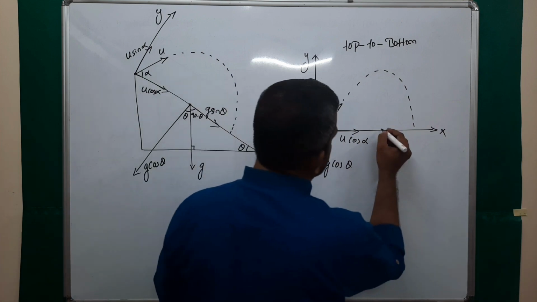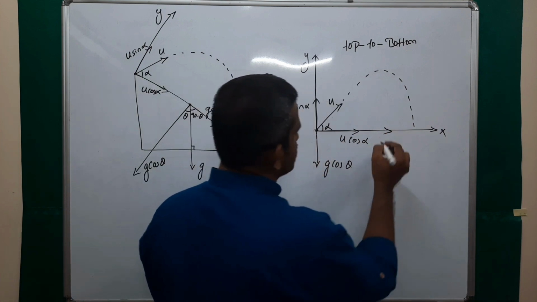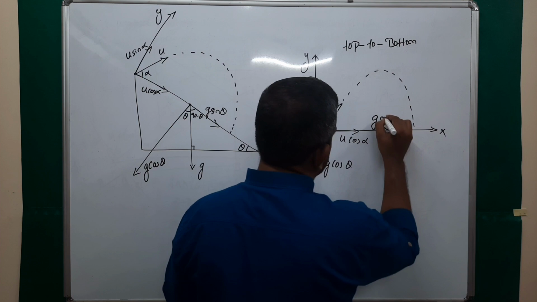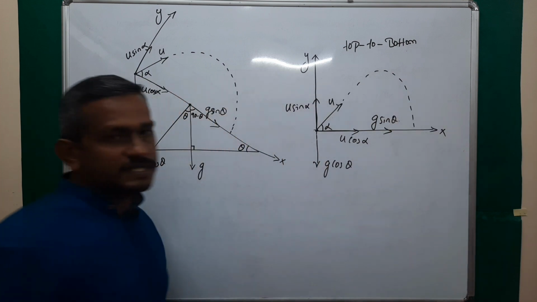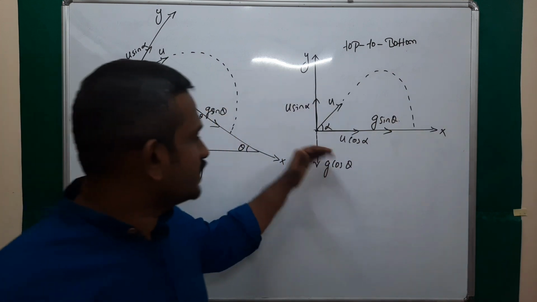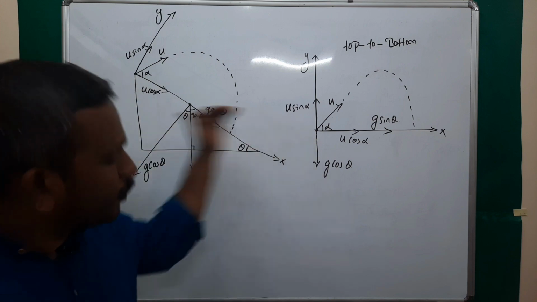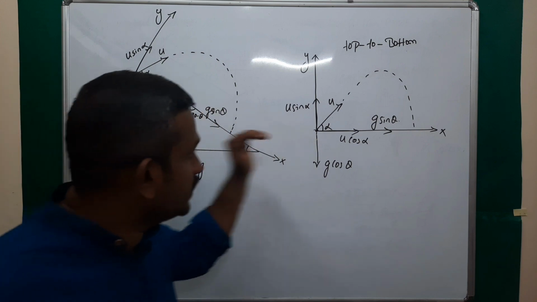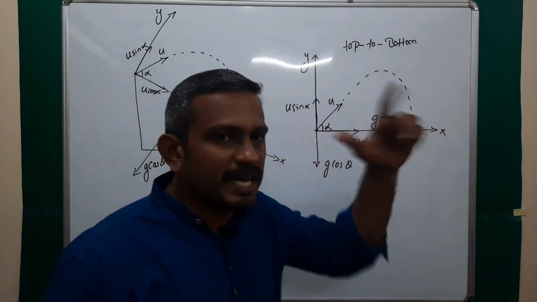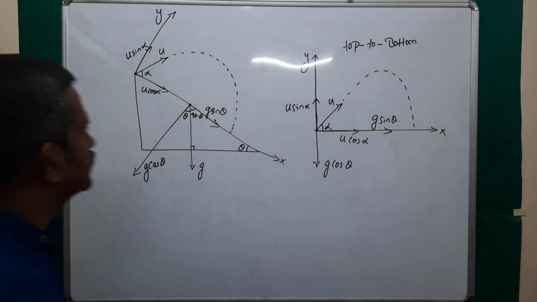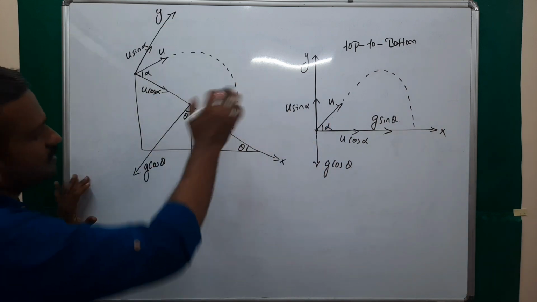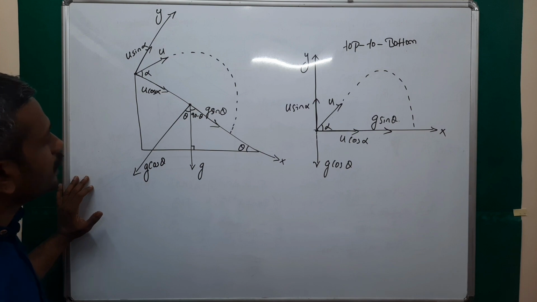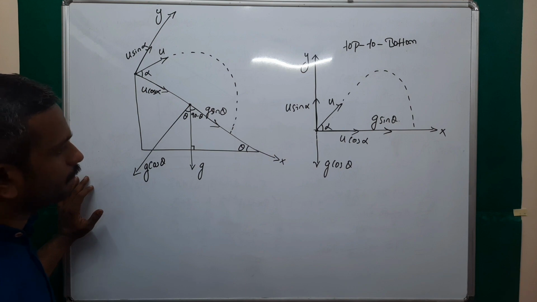It is in the direction of the velocity, that is g sin theta. It is the only difference. In the previous case g sin theta is acting opposite to the velocity. Here g sin theta is acting in the direction of velocity, very very important. So the projectile is projected from top to bottom.